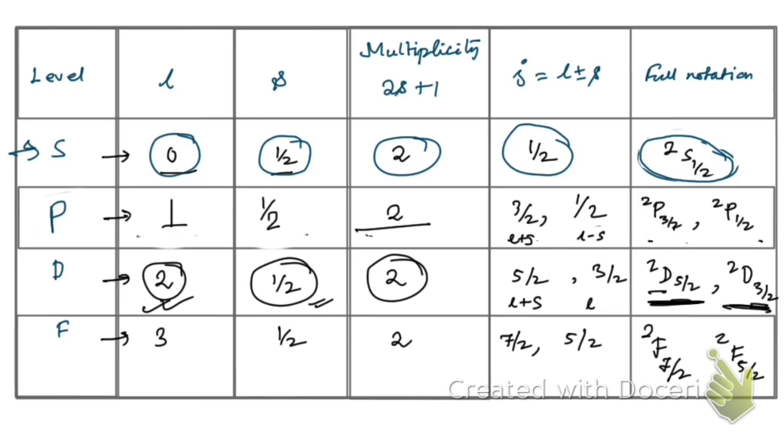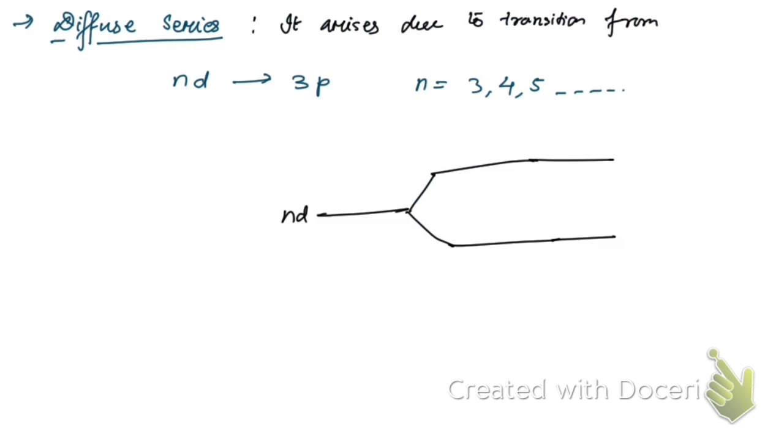So hope you have understood this. That's why this d orbital splits into these two sub levels. Now similarly for 3p, we have already discussed the p level, right? It also has two sub levels like this.